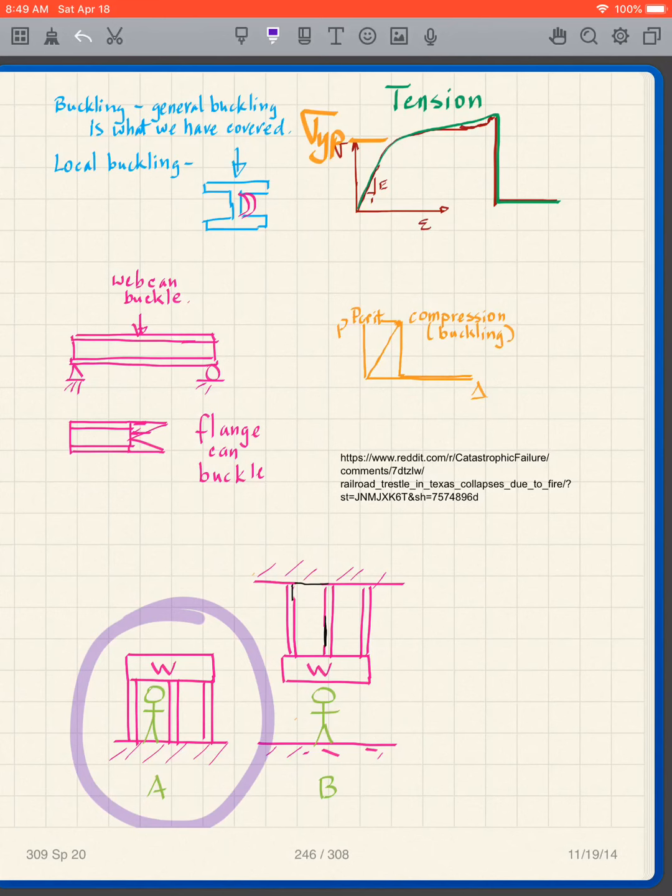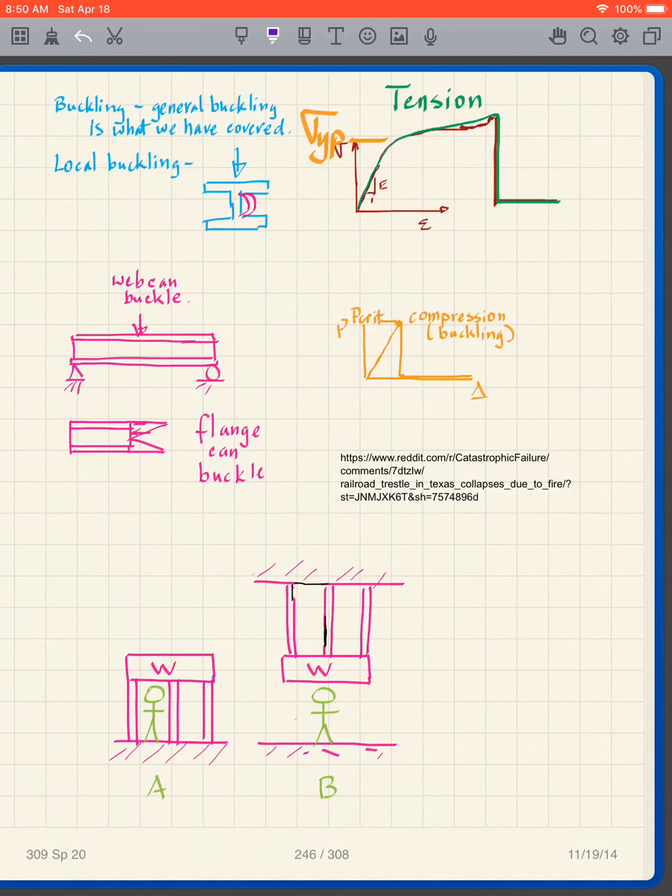Now, let's suppose that I have built this in a particular way. Here's my structure. I'm standing underneath this structure here. And what happens if one of these columns is undersized? Let's suppose, for instance, that this column is undersized in this situation.